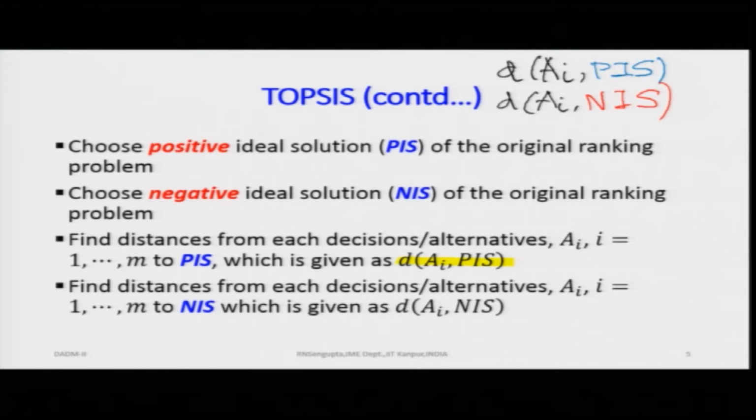Now, the main question is, somebody would definitely ask two things. Number one, what type of distance function do you use for finding out the first function, which is d of Ai with respect to PIS, or d of Ai with respect to NIS. They can be any distance function, like we can use the quadratic utility function, hence the Euclidean distance. It can be the cubic distance, it can be Hamming distance, it can be L1 norm, it can be L infinity norm, it can be anything.